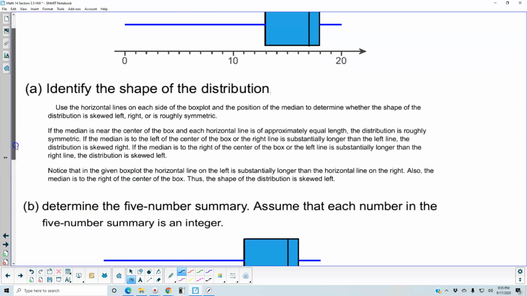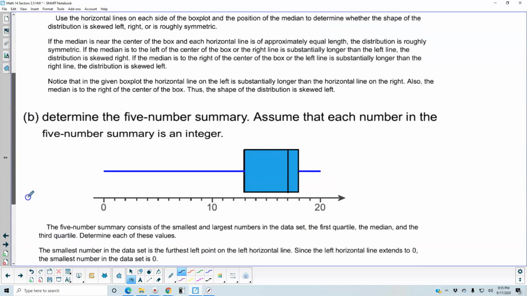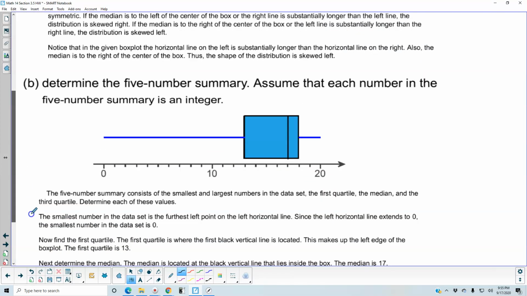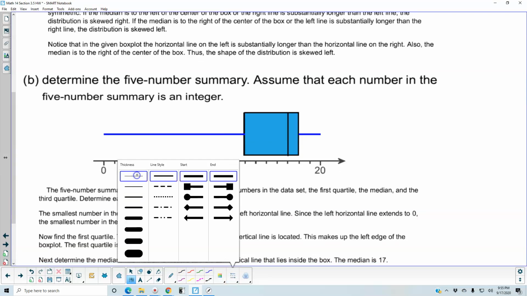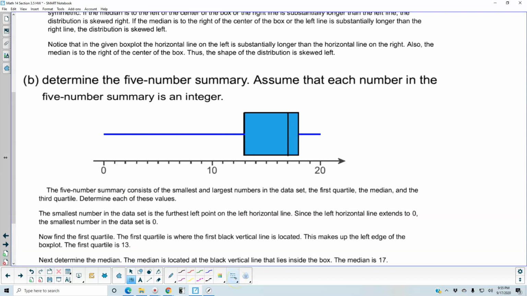Now in part B, we want to be able to determine the 5-number summary and assume that each number in the 5-number summary is an integer. So what we want to do is make note here. Recall that this point here is going to represent your minimum.